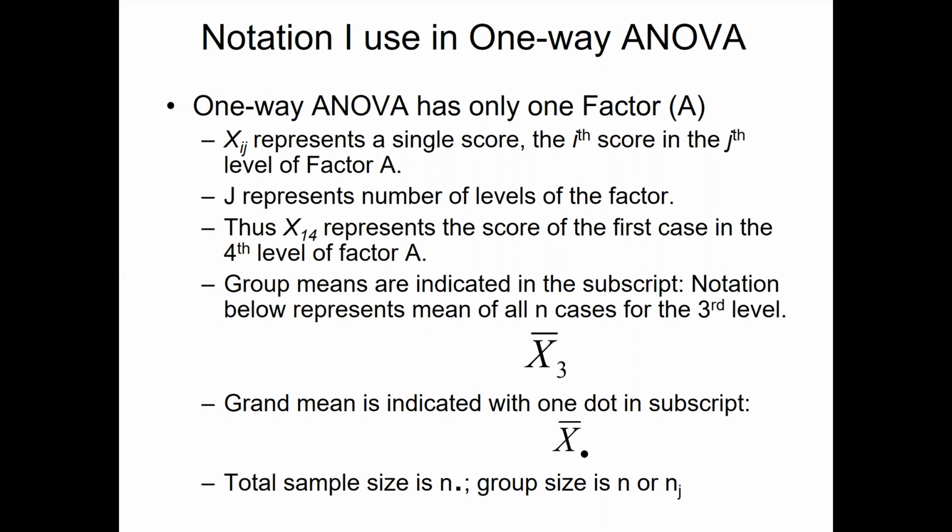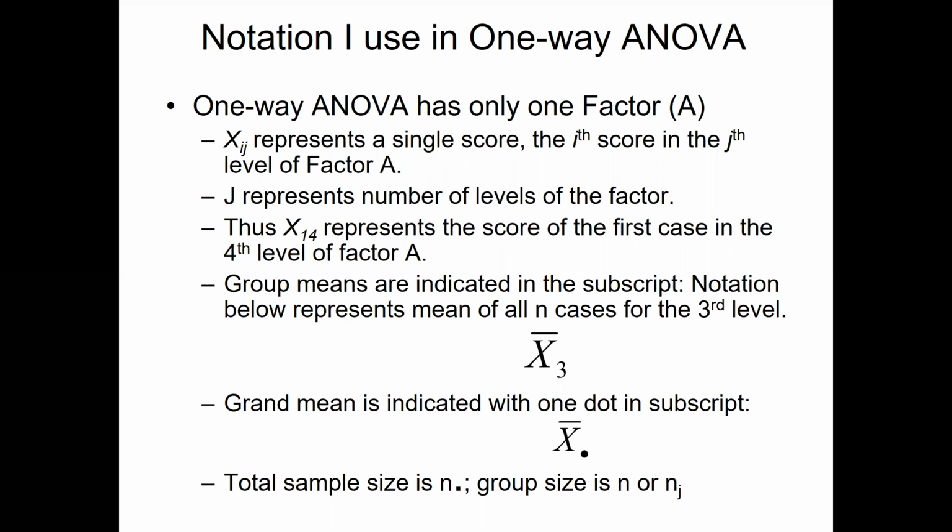The group means are indicated in the subscript. So X bar is a mean, and the sub 3 is which of the J levels a mean belongs to. So X bar sub 3 means the mean for group 3.